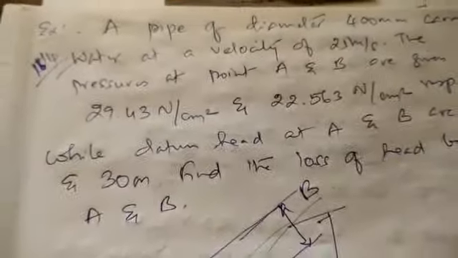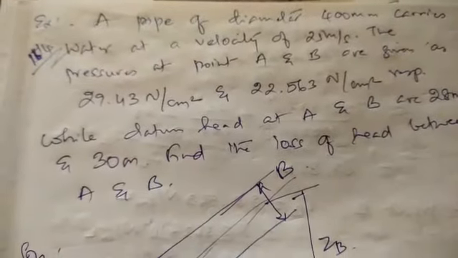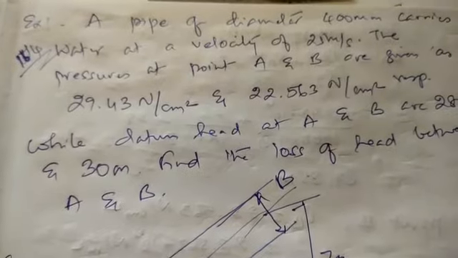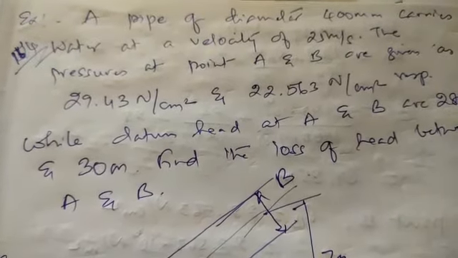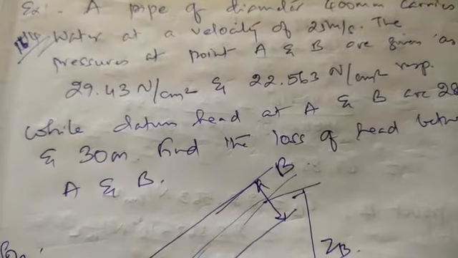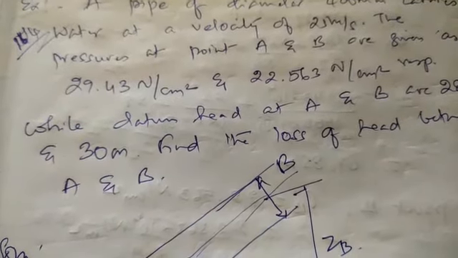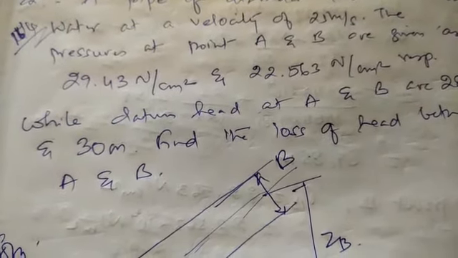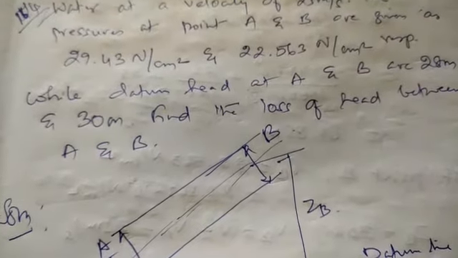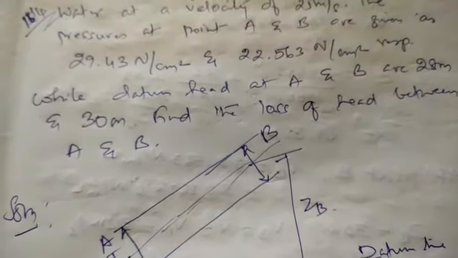A pipe of diameter 400 mm carries water at a velocity of 25 meter per second. The pressures at A and B are given as 29.43 Newton per centimeter square and 22.563 Newton per centimeter square respectively, while the datum heads at A and B are 28 meters and 30 meters.